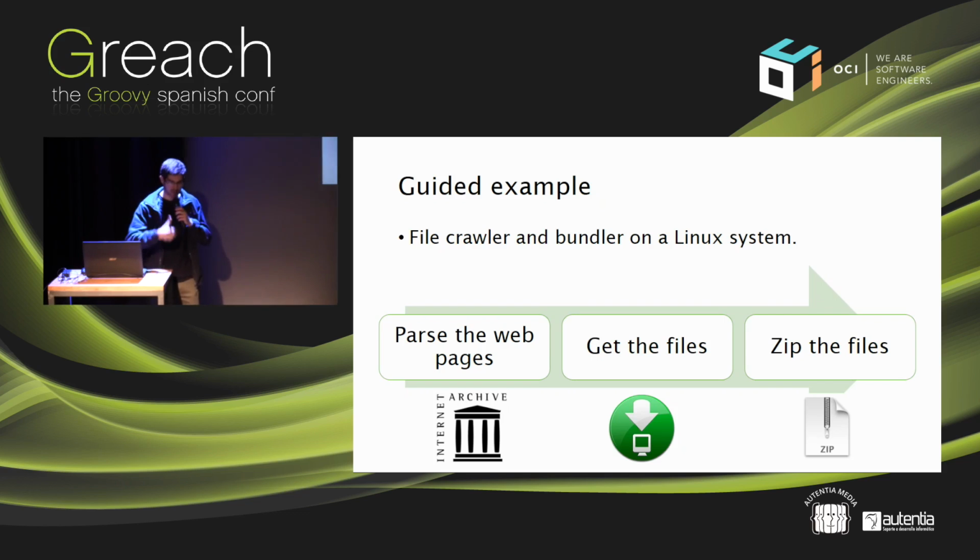First we will extract information from web pages of the Internet Archive. We will get the URLs of files that are stored there, and lastly we will zip all the files that we are going to download into a zip archive.